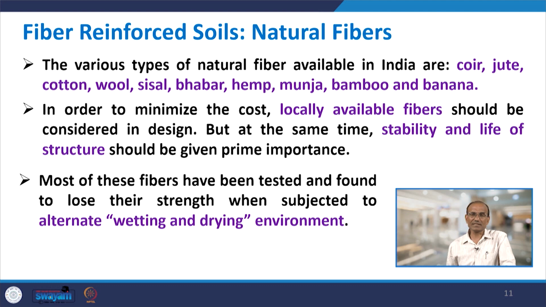These come basically from the waste of trees, and a good point about natural fibers is that they are very economical, because in many cases they are completely waste, and if this waste can be used to increase the strength of the soil, that is better.